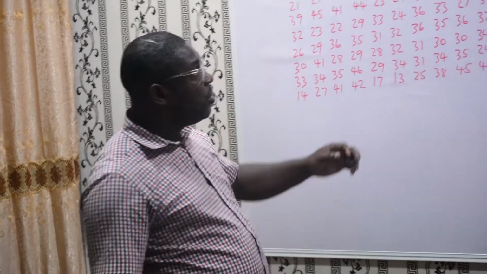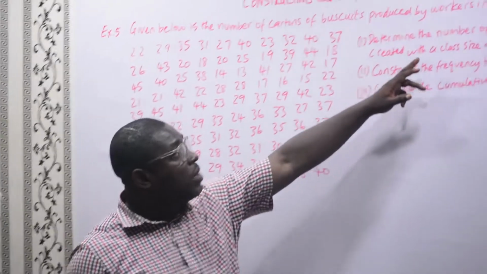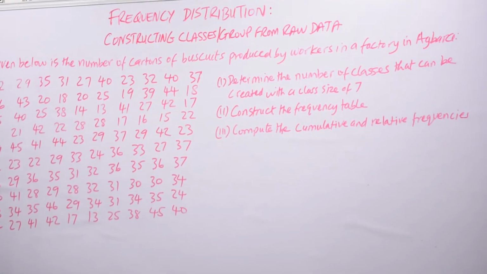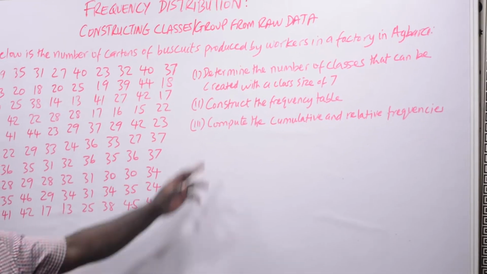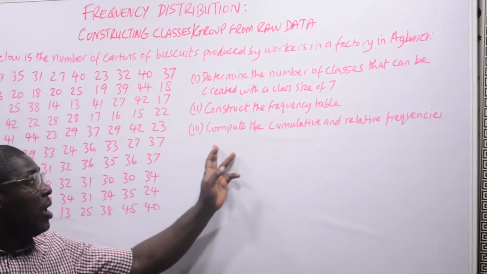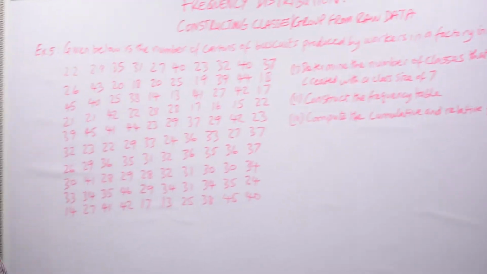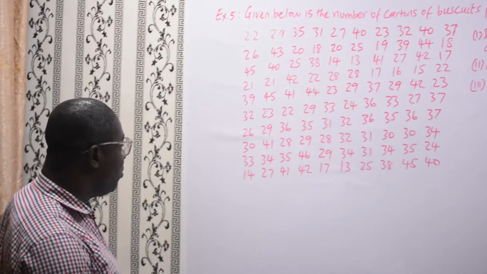The question is for us to determine the number of classes that can be created with a class size of 7. Construct the frequency table and compute the cumulative and relative frequencies. Let's solve this problem as much as we can.